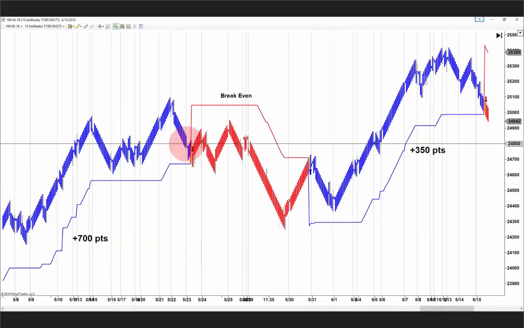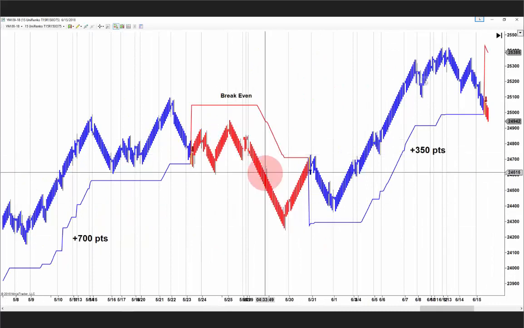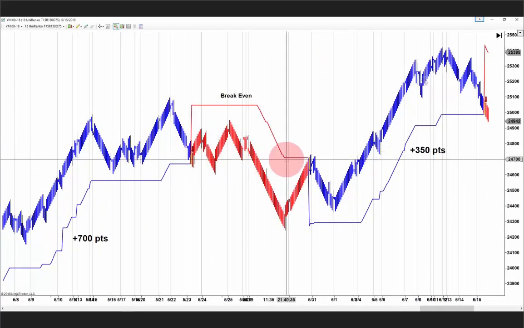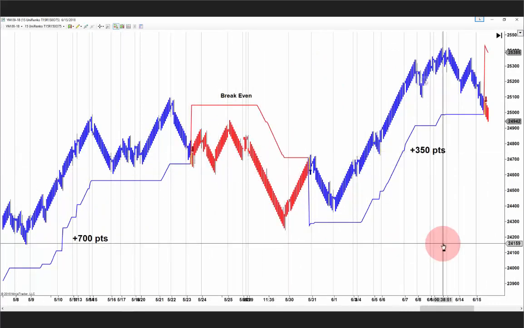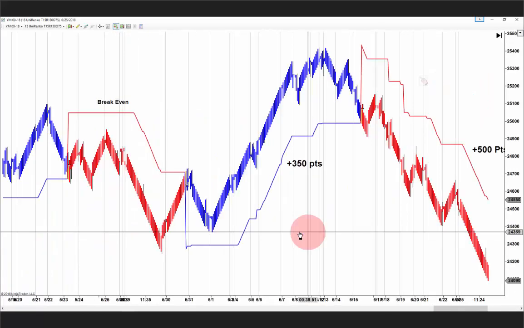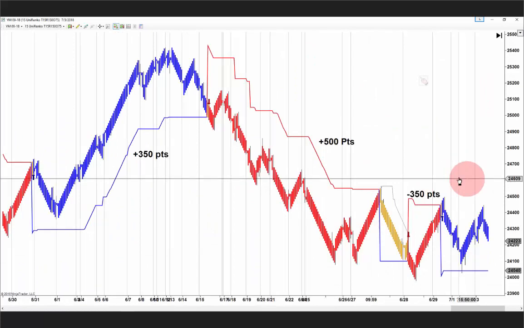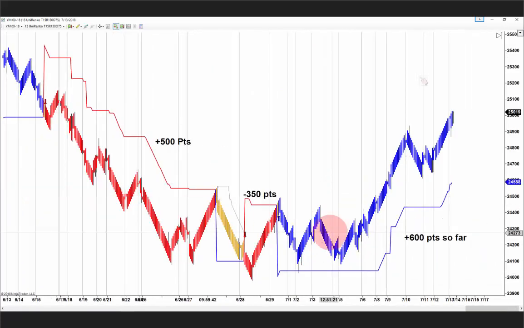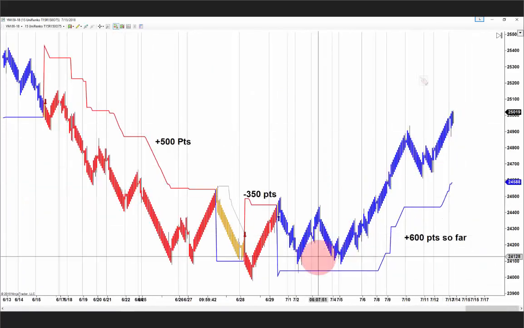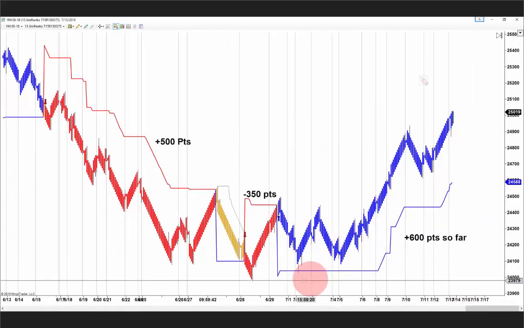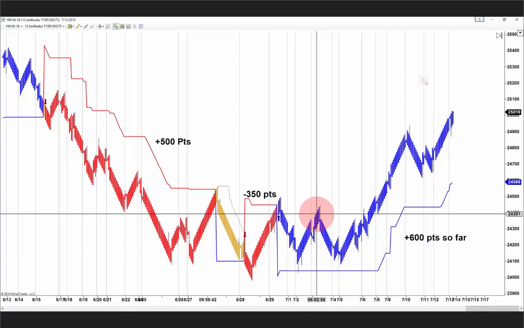This would have been a 300 tick win if you were trading that 2 contract concept, but you can see it got in and got out at basically the same point. Another pretty big win here. And then here we are, in the midst of a really nice run up. So we'll see where that ends up.